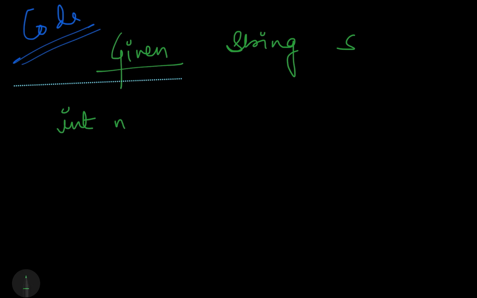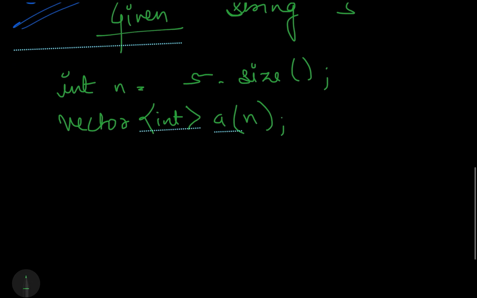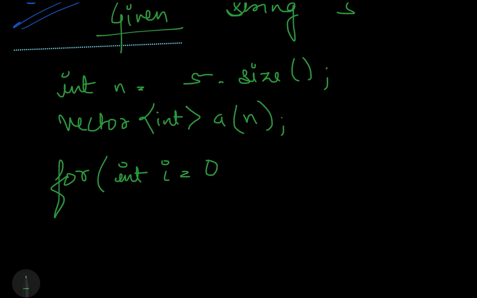What is given is a function longest balanced, which has a string s. So what can we do? We can first find the size of this string, which is s dot size. Then we define a vector of integer type, which will have the length of our string.